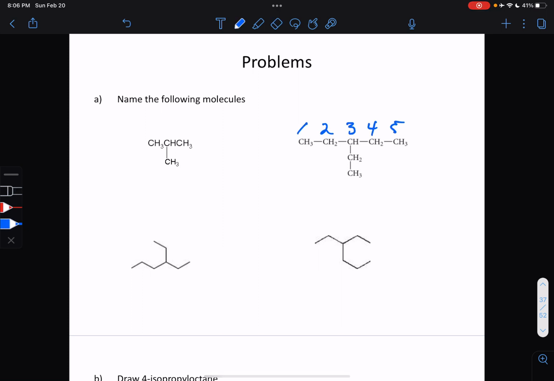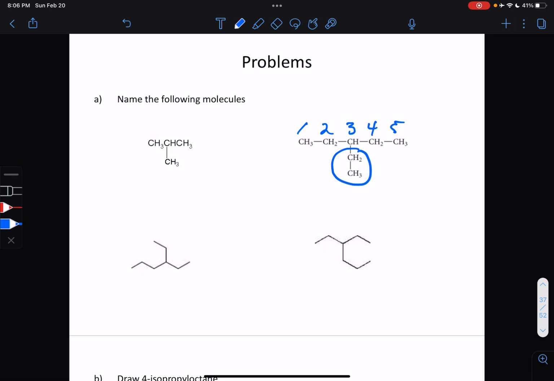And then we can see that we've got a branch hanging off of which carbon? Hanging off of carbon number 3. And always draw the circle around the branch if you're having trouble deciding what the branch is. That way you can see how many carbons are in that branch.